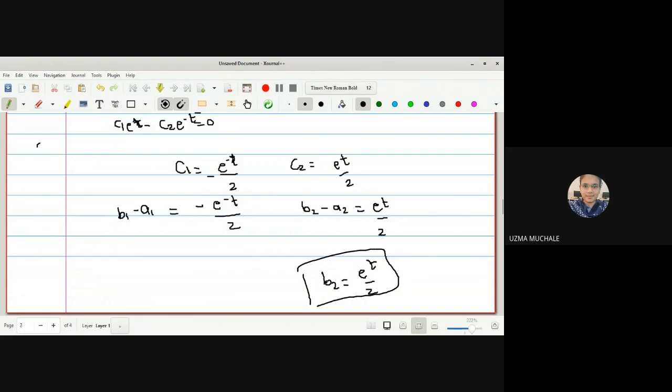Okay, so the values of a2 and b2 we have found. Simply we have to find a1 and b1. After doing some calculations, we can get the values of a1 and b1. I will write down b1 and a1 so that you can evaluate this. After solving the equations, we get b1 is equal to minus 1 by 2, 1 minus lambda upon 1 plus lambda, e raised to t minus 2l.